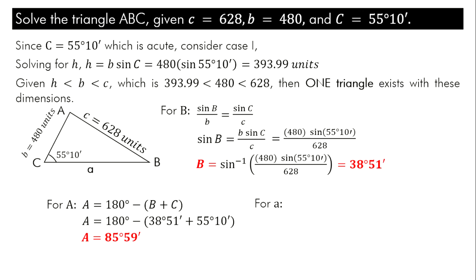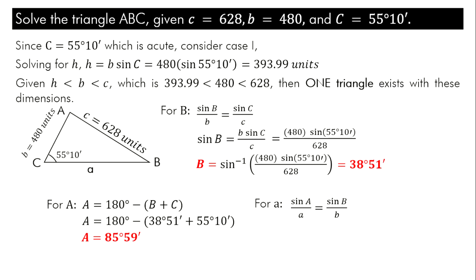For the side A, we have the angle A, and provided that we have the angle B and the side B, we can use this. Or you can also use the sine of C. It's your freedom since the angle C and side C is also given.